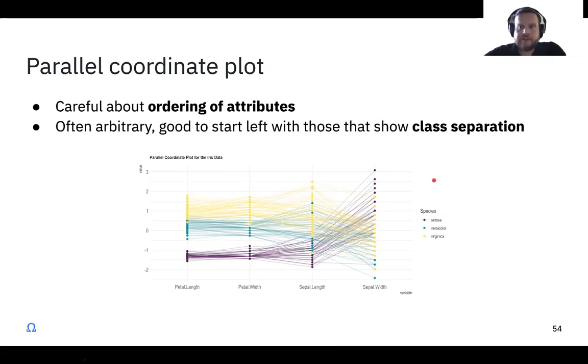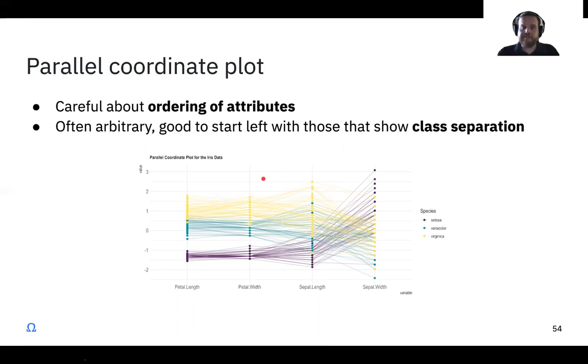We've actually touched on this in lecture 3, I believe. Sometimes you will see a lot of clutter if you just order the axes differently. So you are allowed to select those that show class separation, or order them such that they will show class separation. And it's good to start with exactly those.